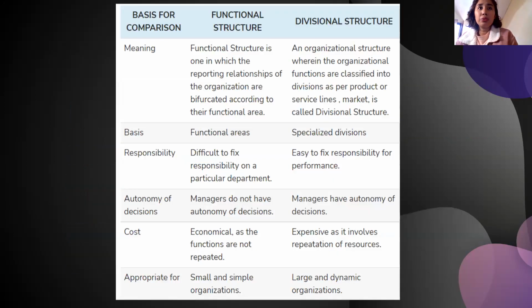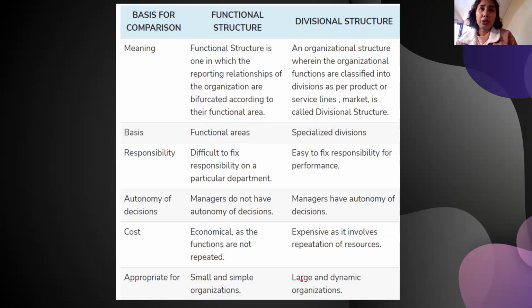So, the difference between functional and divisional structure: functional is based on the function, areas of specialization. Division is based on your product, your geography.